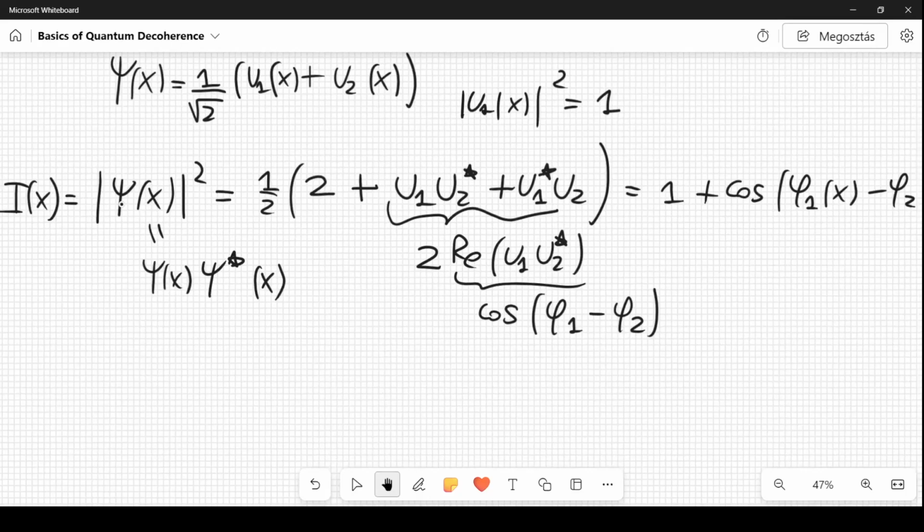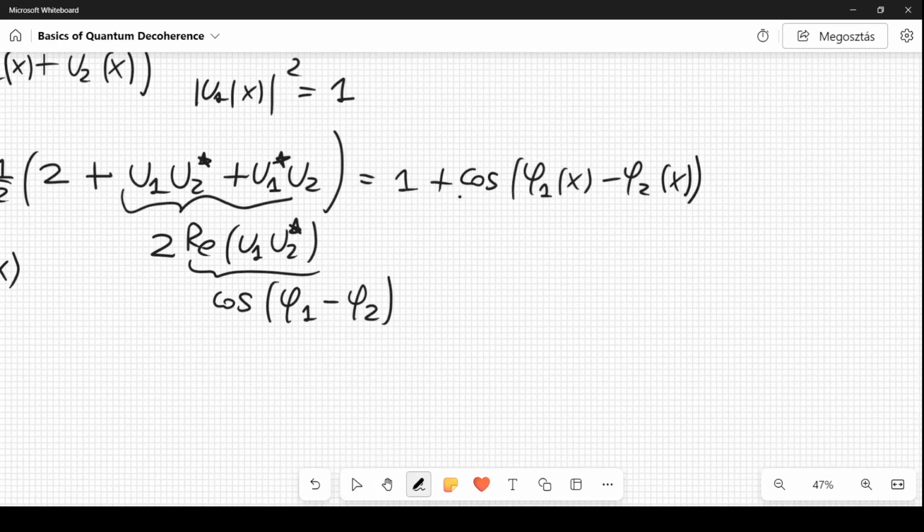Whereas if this object here has a lower value, then there is a smaller chance to find the particle on the screen. For example, if we associate this function with a particle that hits a screen, in a simple way we can imagine this to be the case, but never mind.